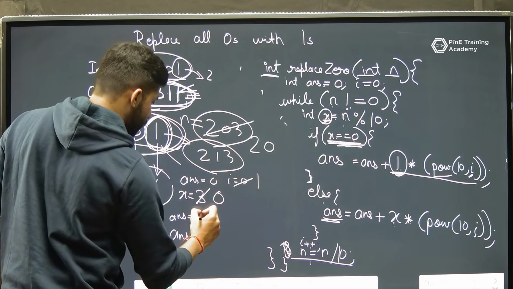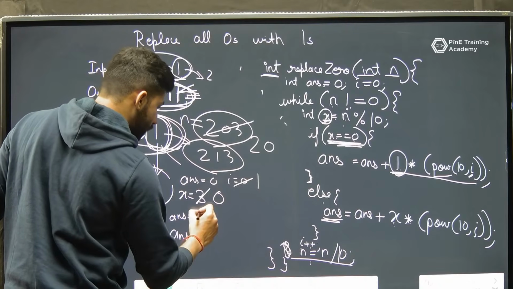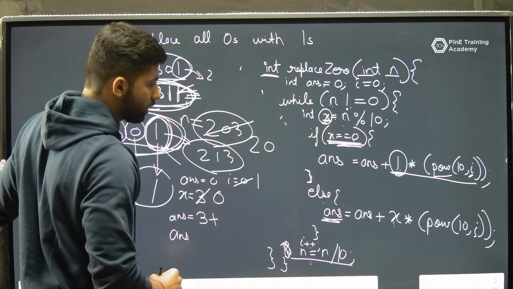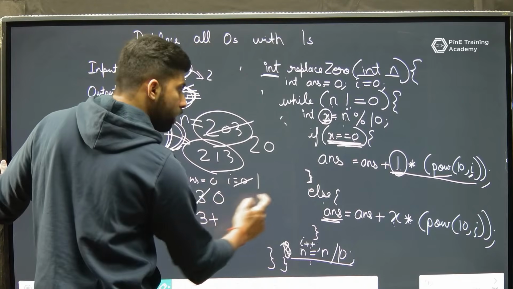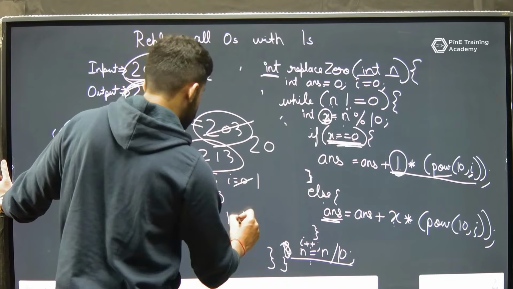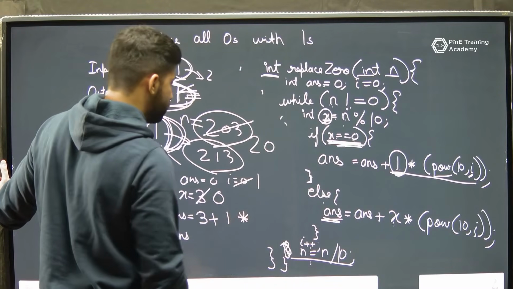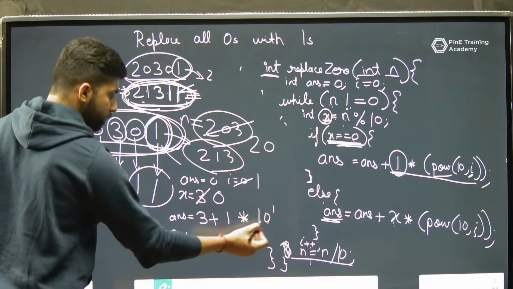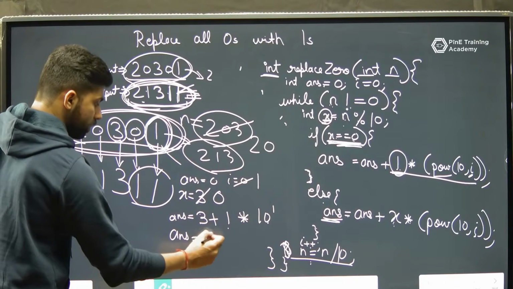So the answer will be, previous answer we had 3, plus we have 1 multiplied by 10 to the power 1. So this will be 10 plus 3, which is 13.